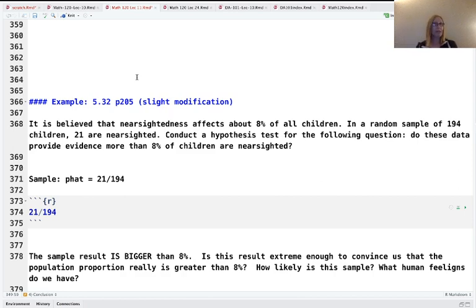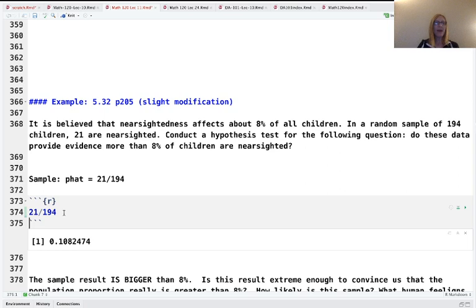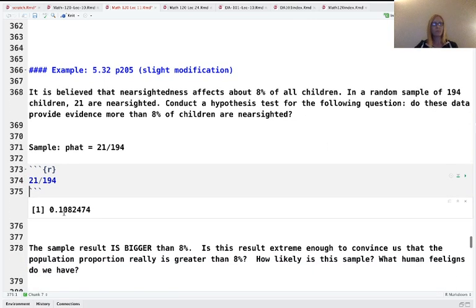I'm going to let you do this test, but let me give you a few pointers first. The problem gives us some sample data. It tells us that of the 194 children, 21 of them are nearsighted. If you ask your calculator, you'll find that that's 10.8%.